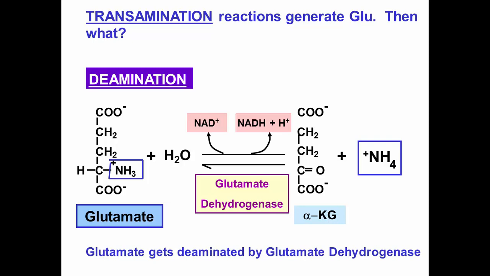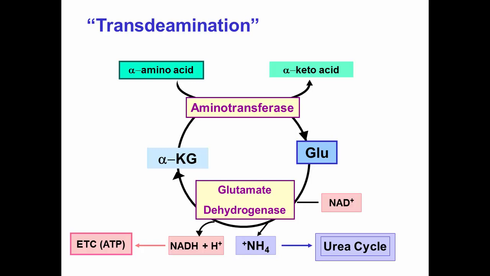So if you're in the mitochondria, what might happen to that NADH? Right, so we can make ATP from it. So that's helpful, right? If we're in the mitochondria when that happens.